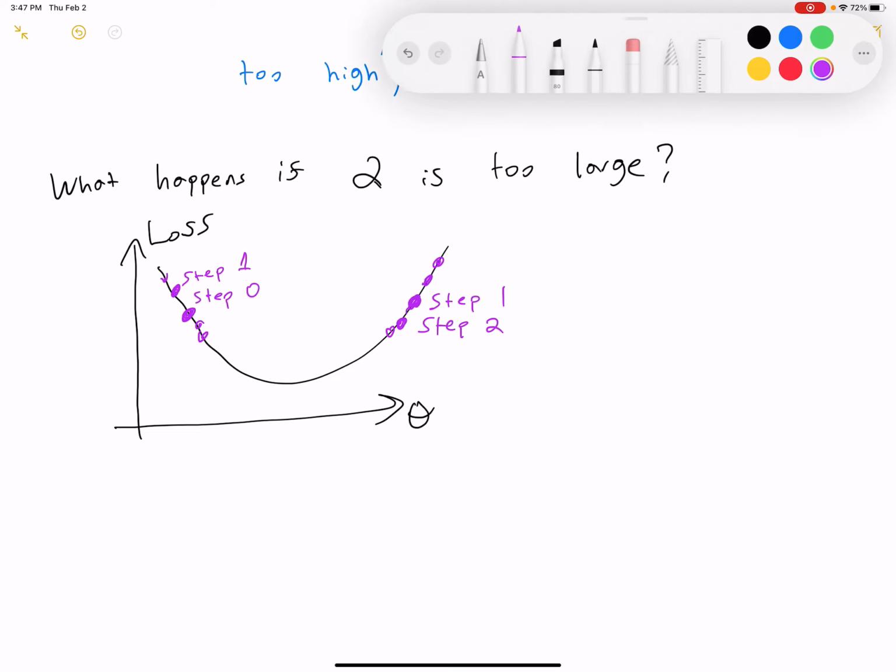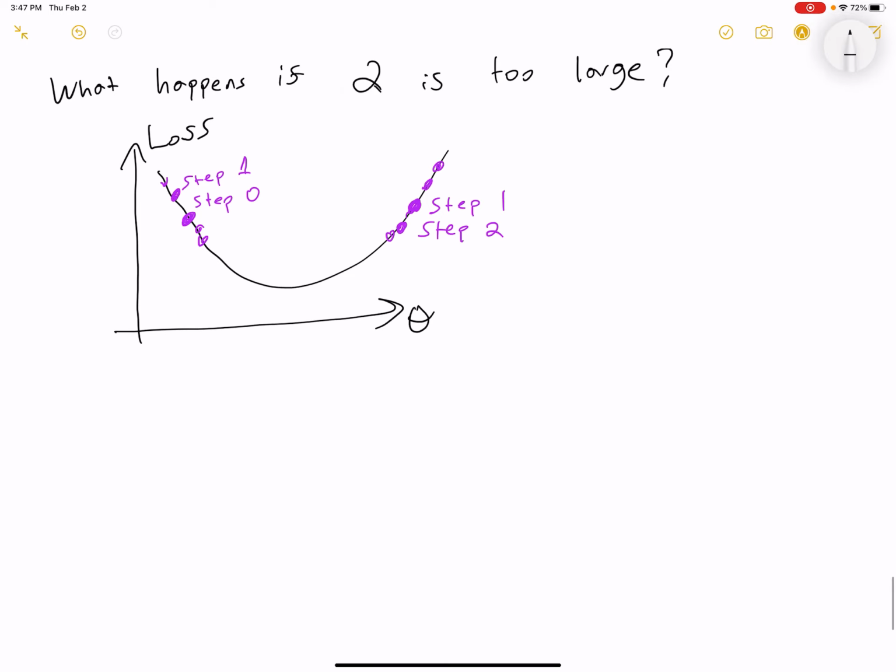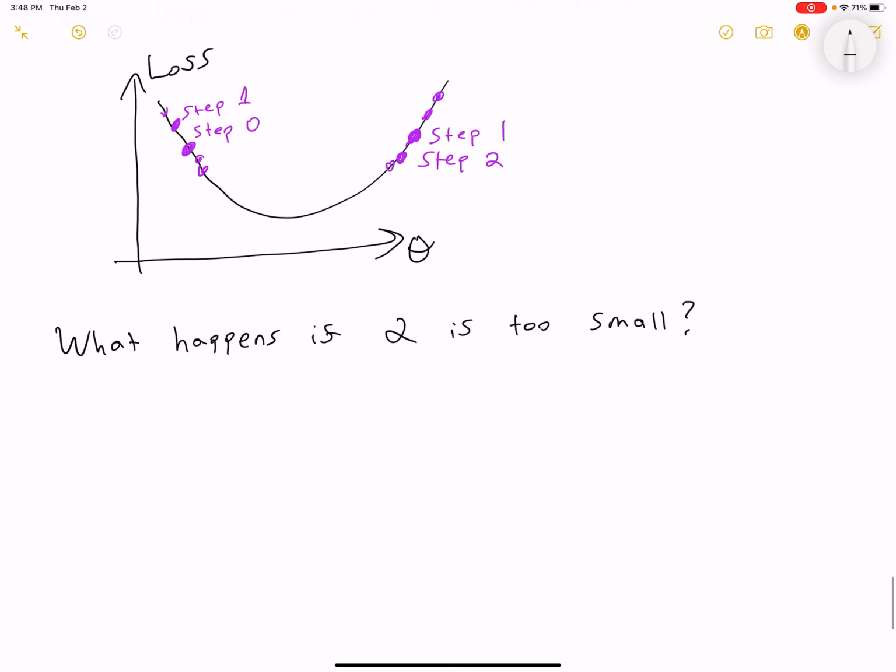So that's one situation. What about the other situation? What happens if alpha is too small? Any thoughts on this? Yeah, exactly. It takes forever.